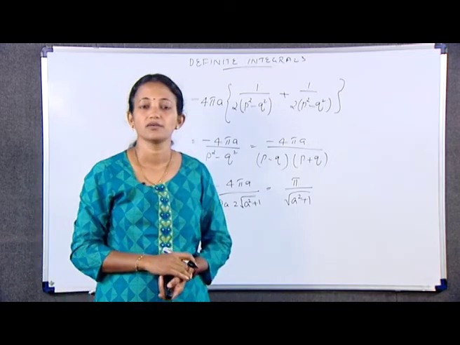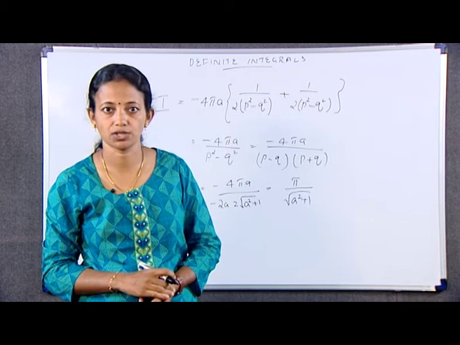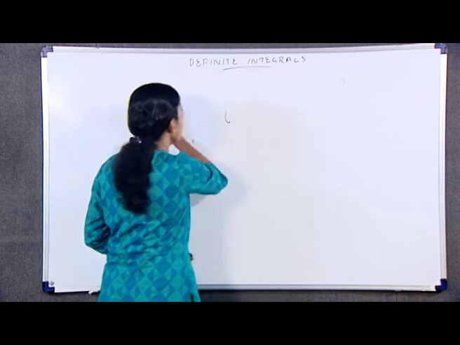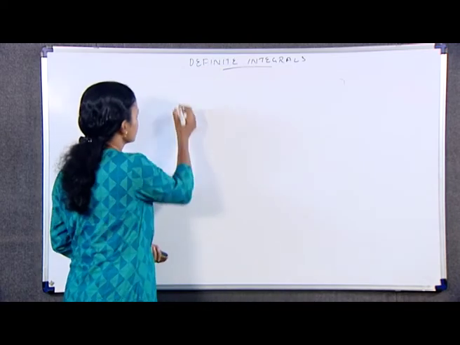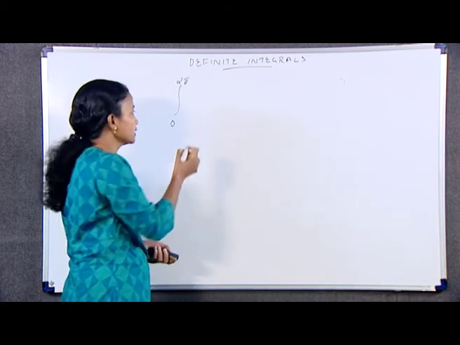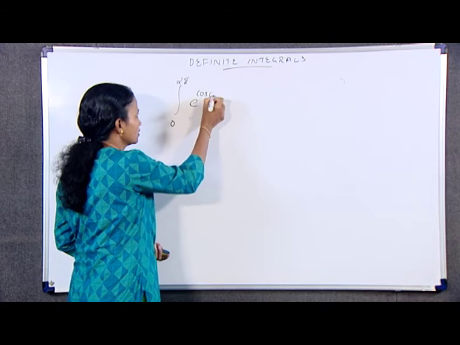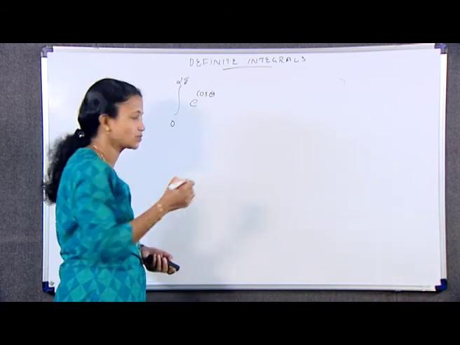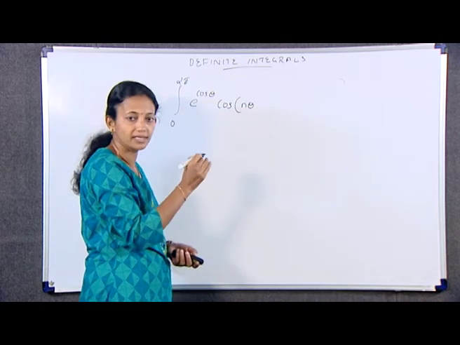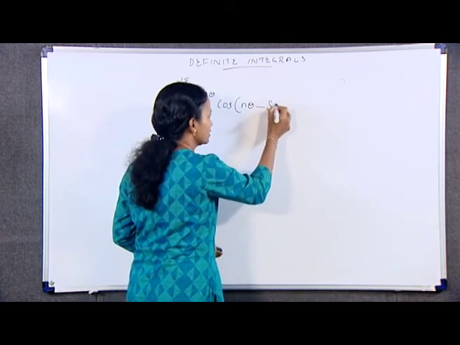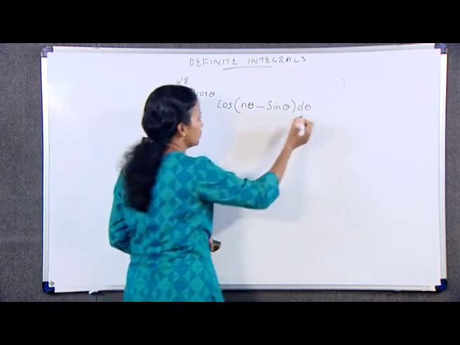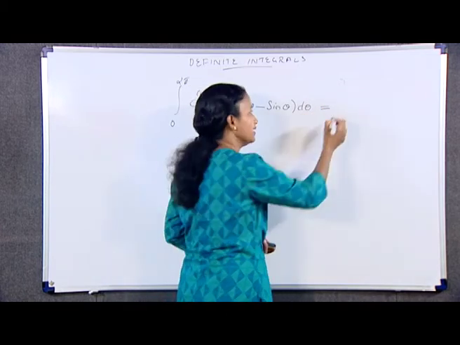So, next we have to prove by contour integration that the integral from 0 to 2π of e^(cos θ) cos(nθ − sin θ) dθ is equal to 2π/n!.